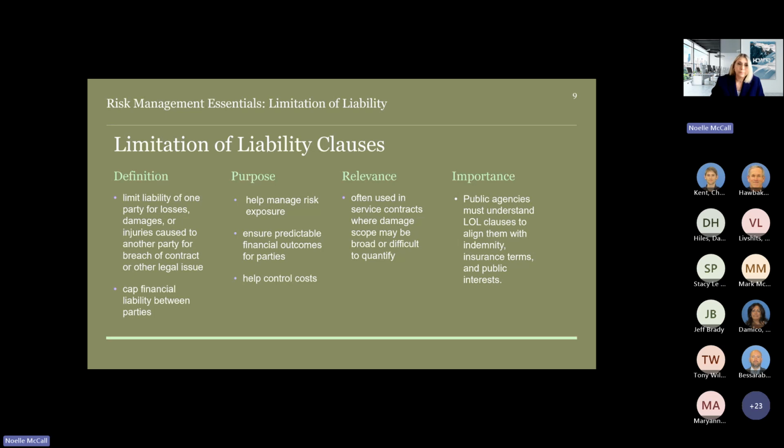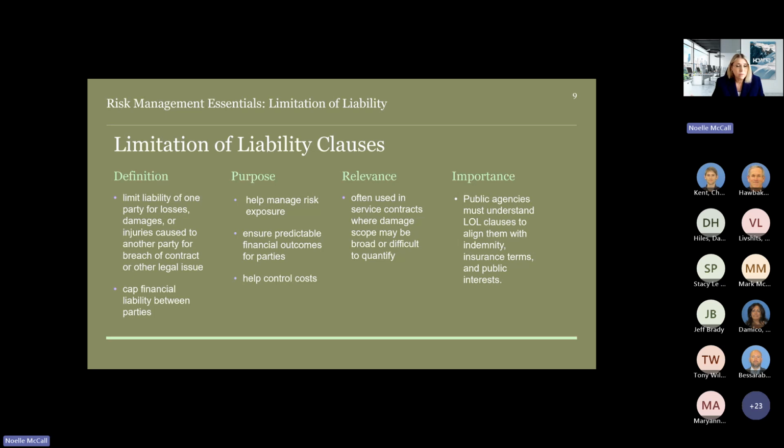So we'll look at that. The purpose of using a limitation of liability clause is to help parties manage risk exposure in contracts. And you do this to ensure predictable financial outcomes for both parties or one party. It's a way to help control costs and control the risk in a contract.